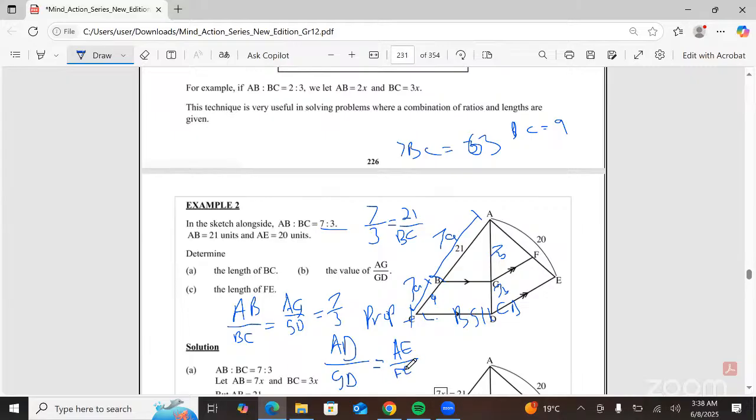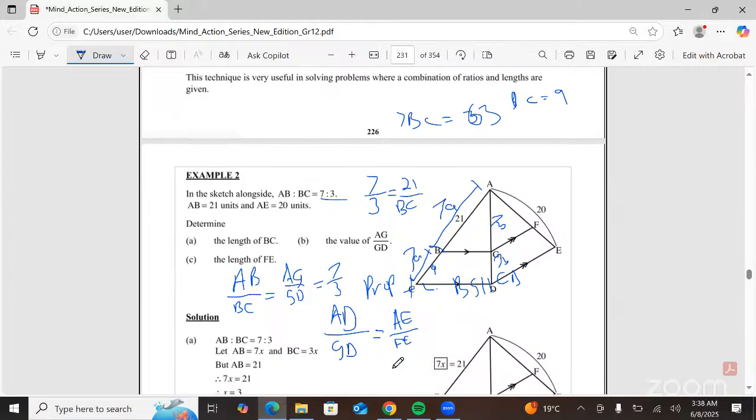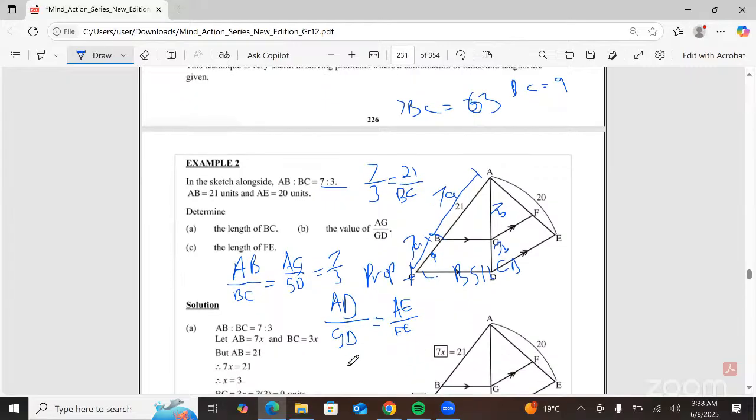Then you substitute. What is AD? It is 10b, right? 10b all over 3b is equal to AE, which is 20, over FE.